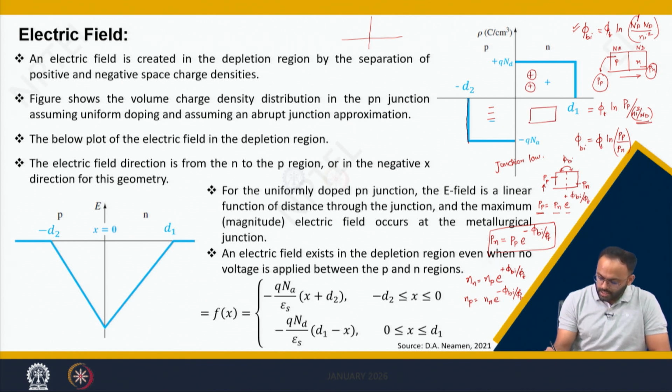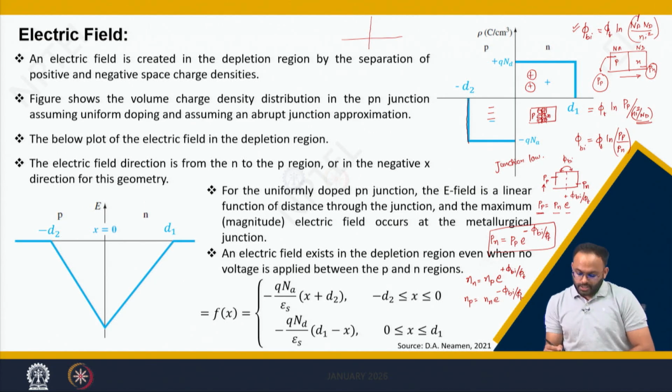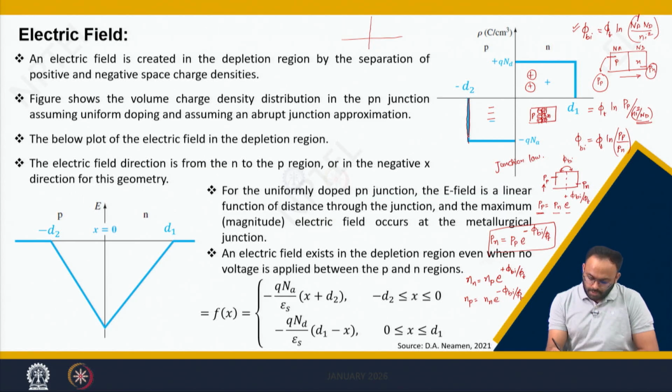If this is P and this is N, a depletion region is formed. This carries a positive charge and this carries a negative charge. Again, we are assuming the depletion approximation, meaning the charges are only immobile and there are no holes and electrons available in the depletion region.